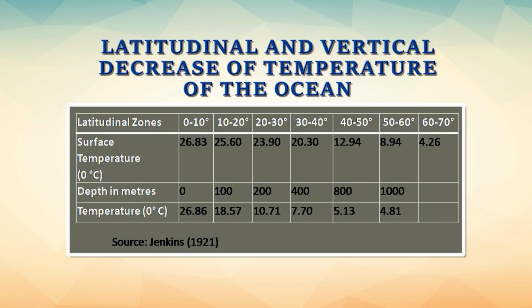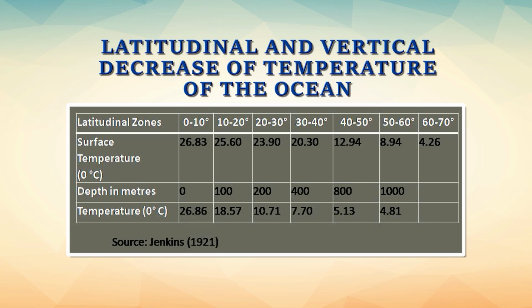Then the temperature is decreasing in the 0 to 10 degree latitudinal zone. You see temperature is 26.86 degrees centigrade, and then it is decreasing up to 18.57, significantly around 100 to 200 fathoms, it is decreasing from 18 to 10 degrees, and then again at 400 fathoms and 800 fathoms, the decrease is not that much.